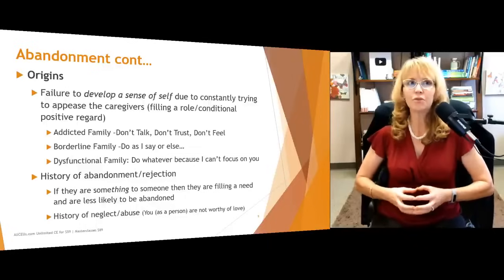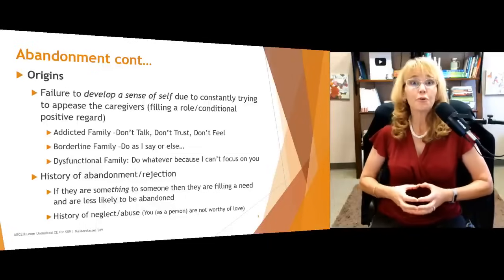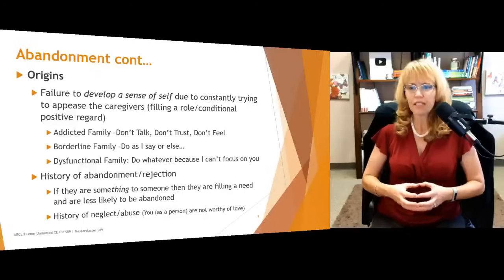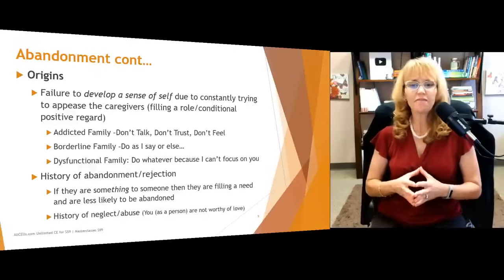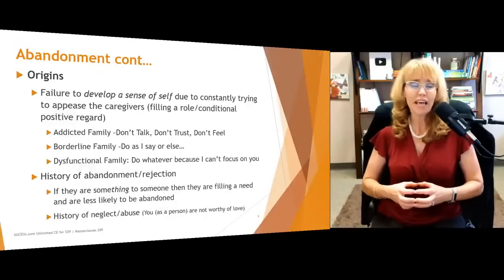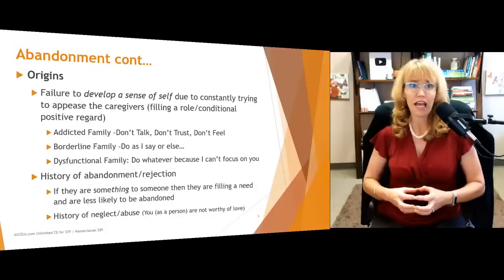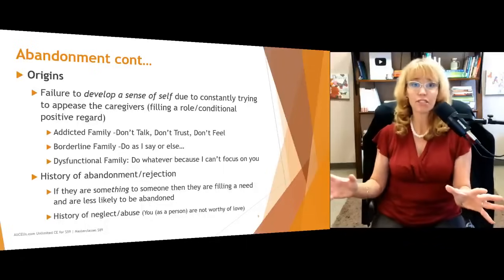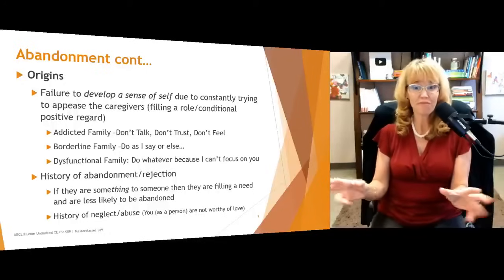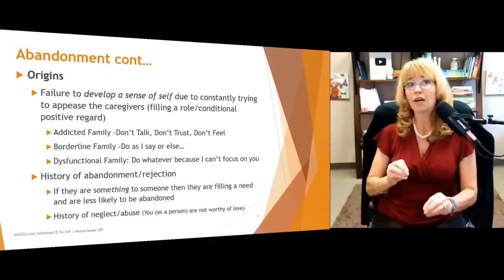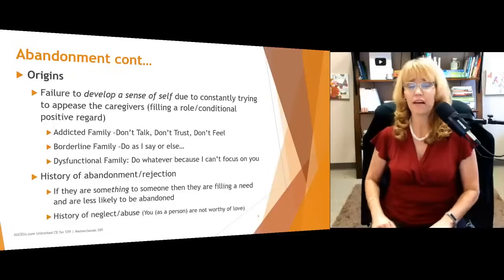So they need to have the other person need them. They often have a history of neglect and abuse, which told them that they weren't worthy of love. It was their fault. All the things in the world that were wrong were their fault, and they were not worthy of being taken care of.